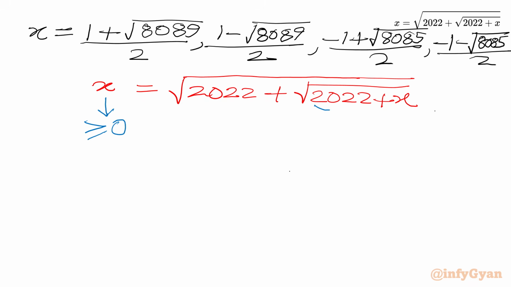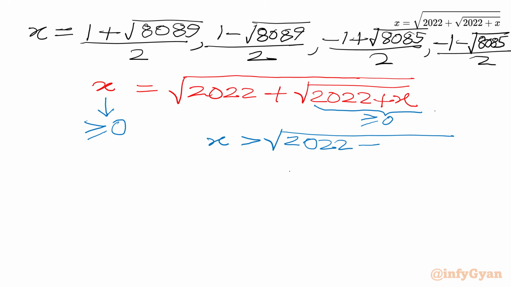From the right hand side, this quantity must also be non-negative, greater than or equal to 0. Now if we plug x equal to 0 into the right hand side, we can say our LHS x should be greater than square root of 2022 plus square root of 2022.